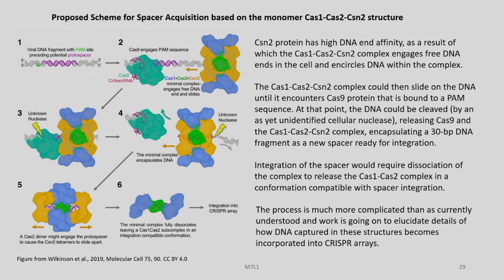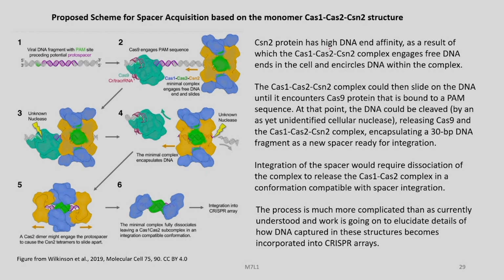Now, this Cas1, Cas2, CSN complex engages on the free DNA ends, while the Cas9 crRNA tracrRNA would bind to the PAM site.